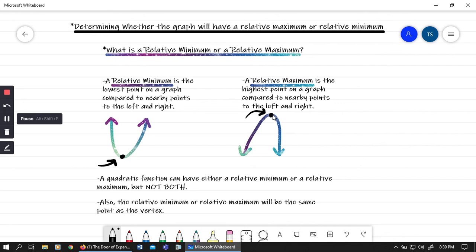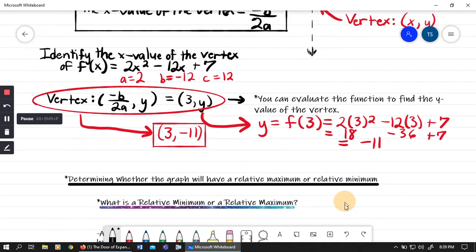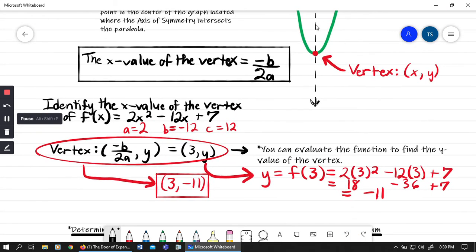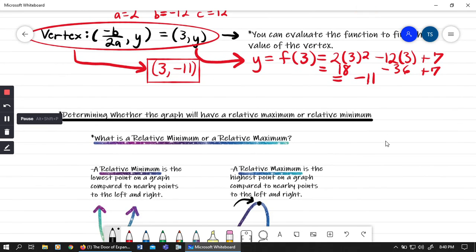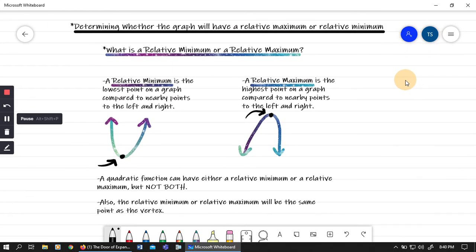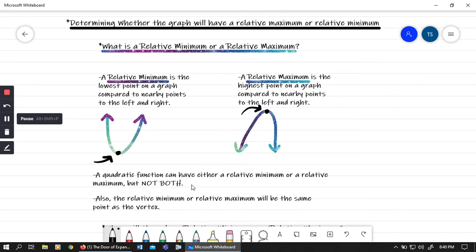So some of you might be looking and saying, oh, okay, Mr. Starkey, why does this relative maximum and this relative minimum here look the exact same way that the vertex did? You're absolutely right. So again, guys, for a quadratic function, the relative minimum or the relative maximum will be the actual same point as the vertex.